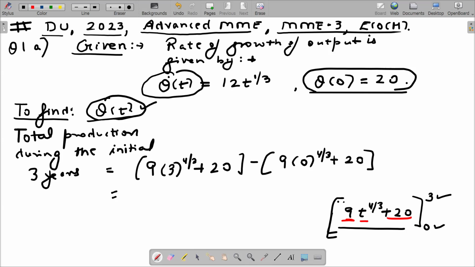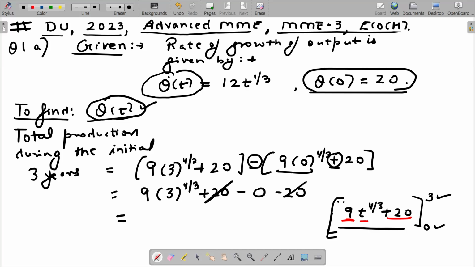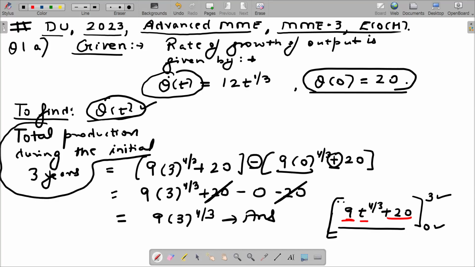So when I solve this, what do I get? This is 9 times 3 to the power 4/3 plus 20 minus, this is 0, minus into plus is minus 20. So what do I get? The 20 and minus 20 cancel out. My answer is 9 times 3 to the power 4/3. This is my answer for the total production during the initial 3 years.